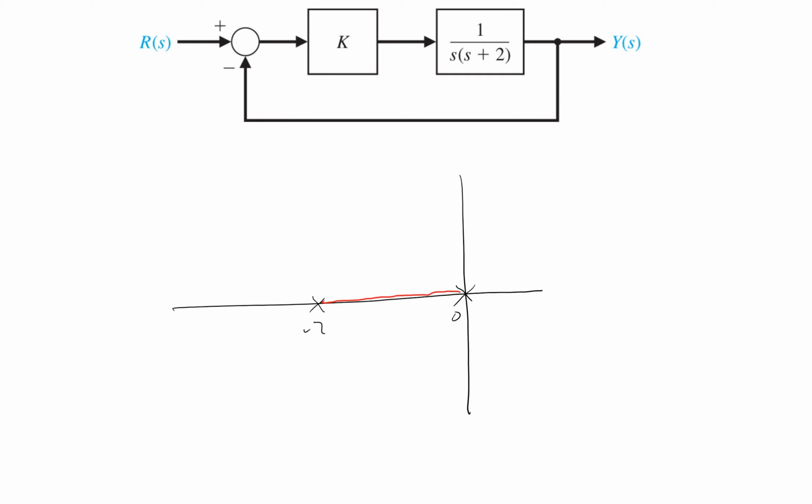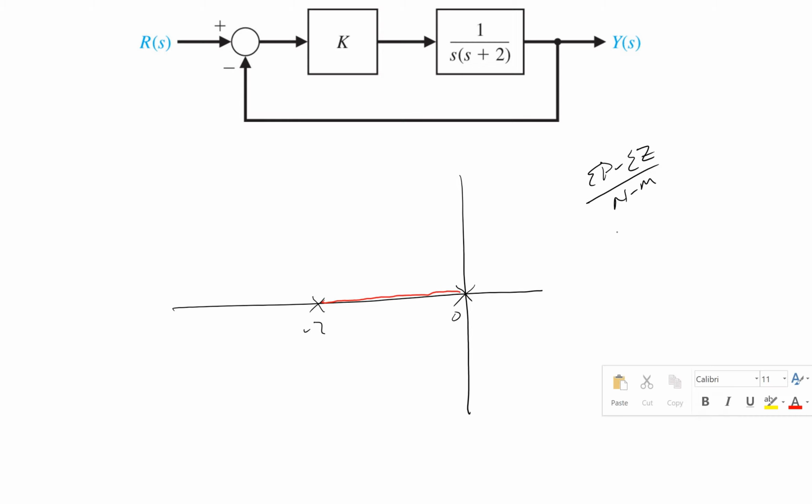But where those asymptotic lines intersect the real axis, we need to calculate, so we're going to use the equation: the sum of the poles minus the sum of the zeros, divided by the number of poles minus the number of zeros.